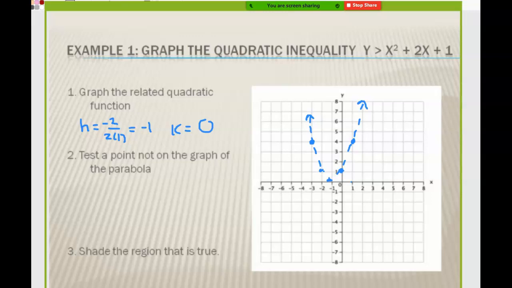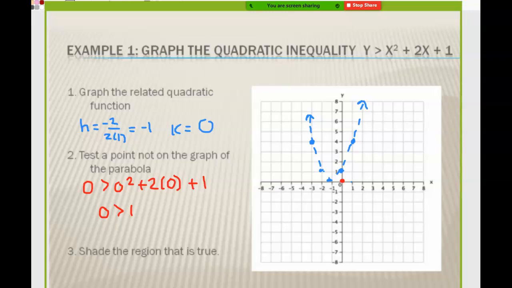And then we're going to test a point not on the graph. So I'm going to pick the test point 0, 0. So you plug 0 in. You get 0 greater than 0 squared plus 2 times 0 plus 1. And you get 0 is greater than 1. Is 0 greater than 1?